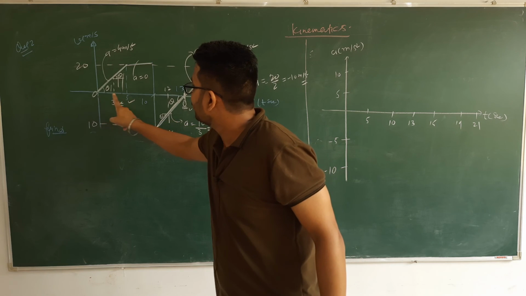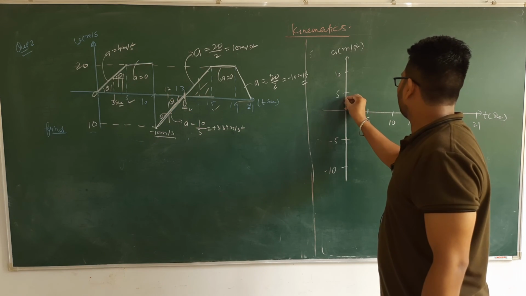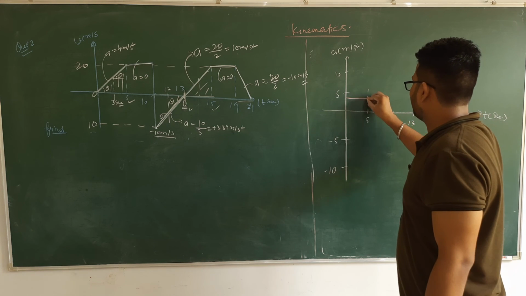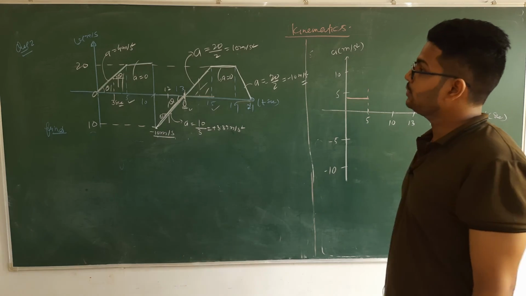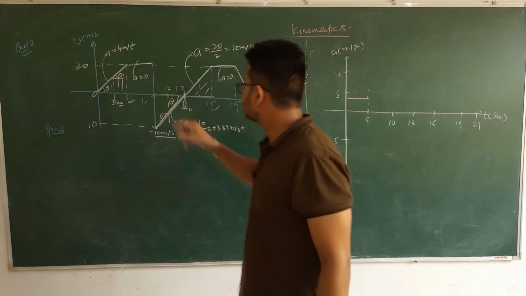Between 0 to 5 second interval we have 4 meter per second square, so we can draw it here. This is the constant acceleration within this region. Okay, between 5 to 10 we have 0 acceleration.